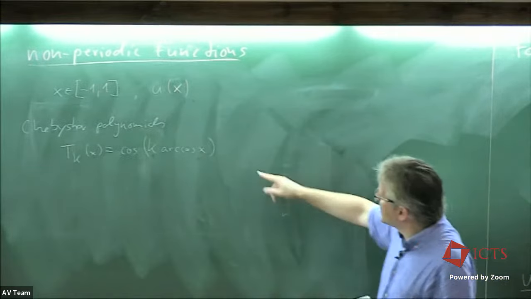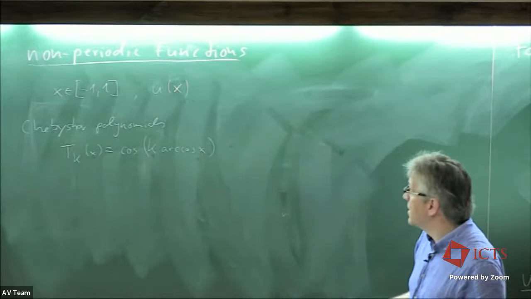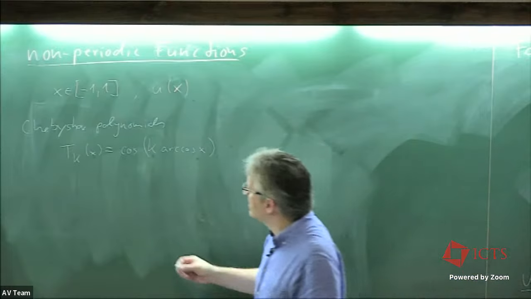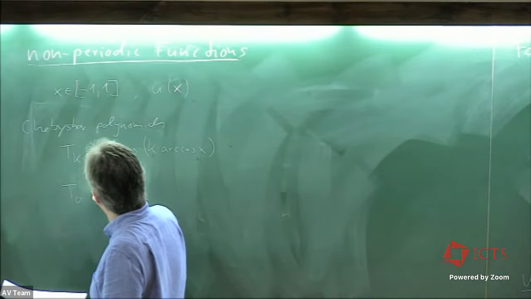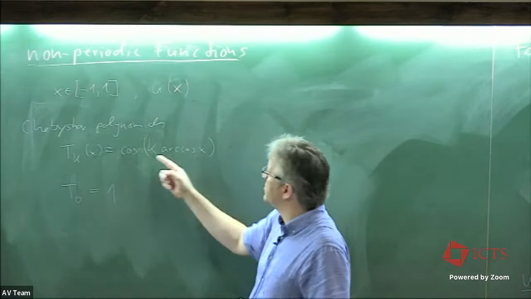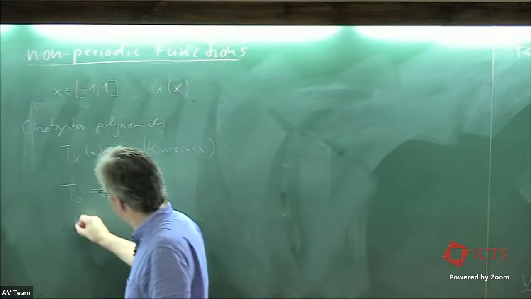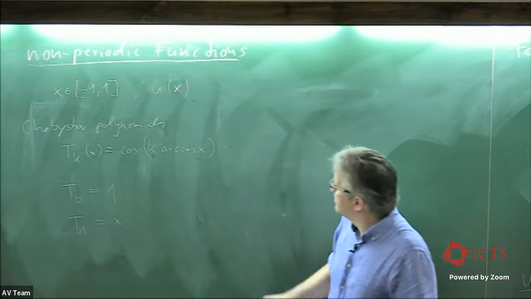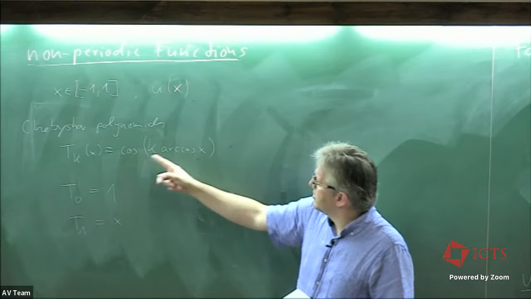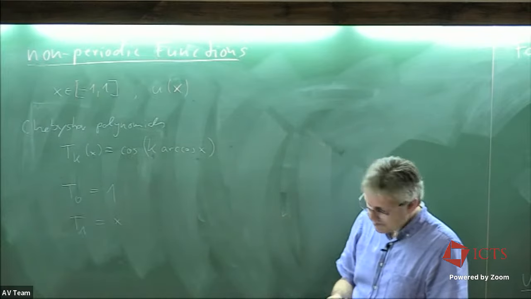It doesn't look very much like a polynomial, but in fact it is. We have T0 equals 1, because cosine of 0 is 1. We have T1 equal x, because the cosine of the arc cos of x is x.